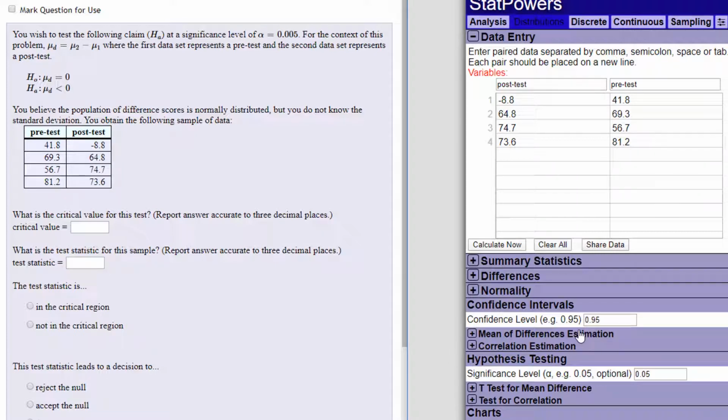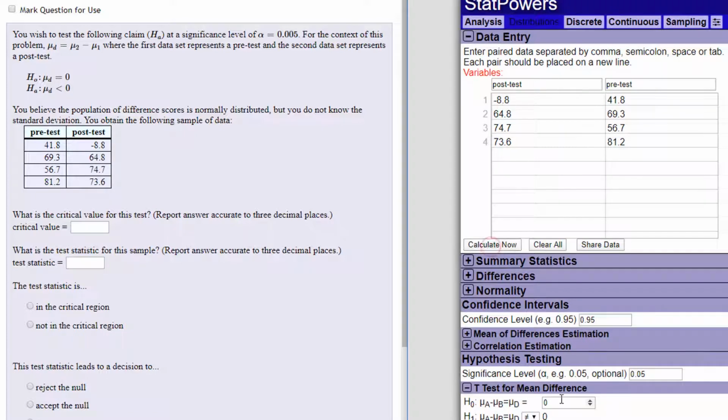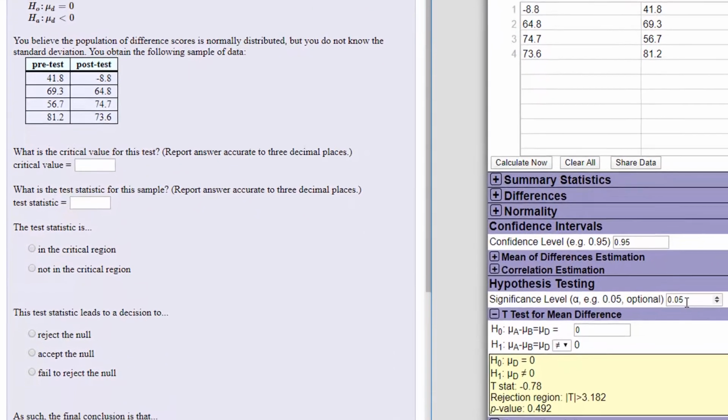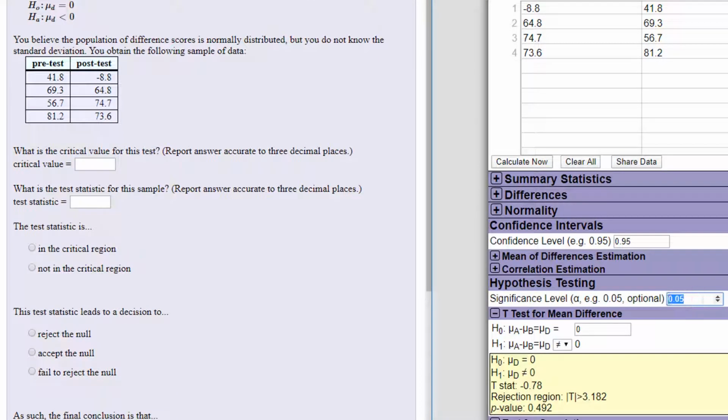At any rate, I'm going to now go down to the t-test for the test for the mean difference, and I'm going to click calculate to get this updated. But every time I update stuff, I'm going to put in the significance level 0.005, just like we had a second ago. The test is that the mean is equal to 0 compared to the mean being less than 0.